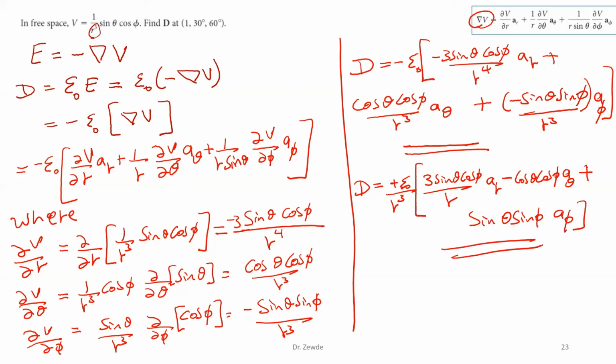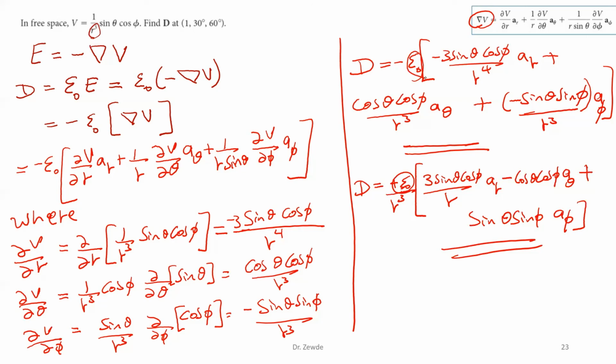So this is the flux density vector D for the given electric potential V. Now keep in mind that everything is in free space, so we're using epsilon naught. This is the permittivity of air.